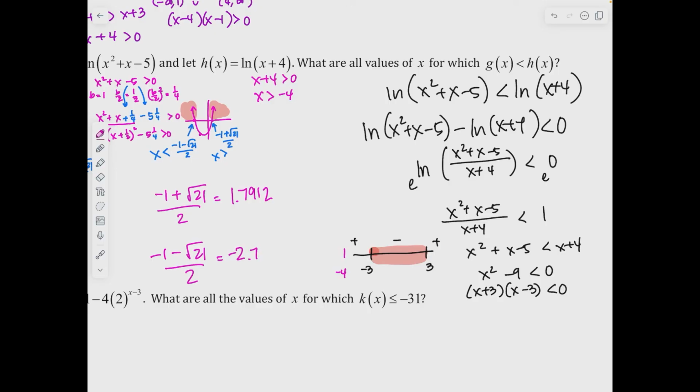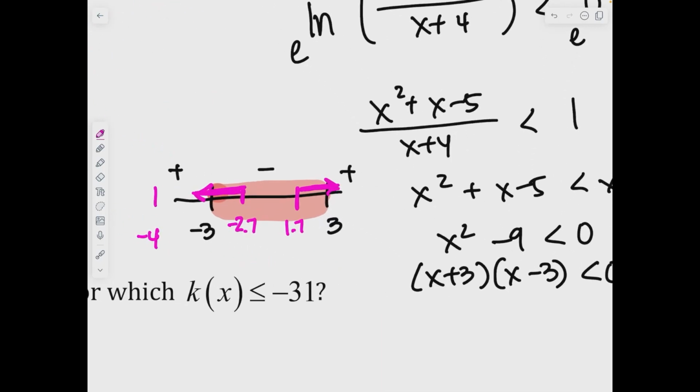So this is negative 2.7912. If you use 1.3, that's fine also. Okay, so I want to go to the right of this 1.7 blah blah blah, and I need to go to the left of negative 2.7 blah blah blah, like that.